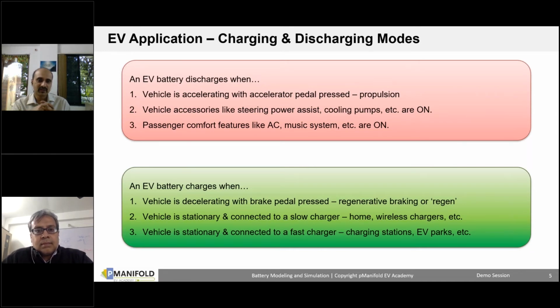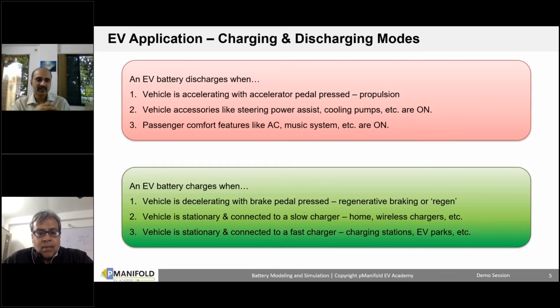Bare minimum, there is battery cooling and illumination, and if it is a four-wheeler or a bus or a truck, they will have other auxiliaries as well, like air conditioning and steering assist and brake assist and so on. These are the things which will suck the energy out of the battery.